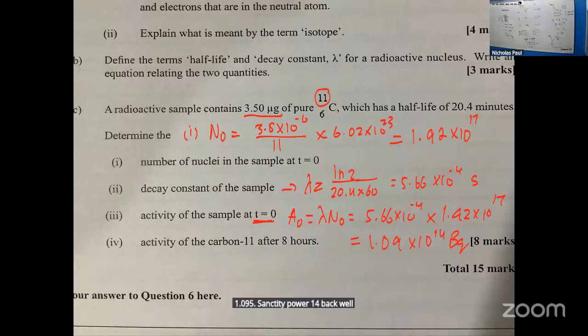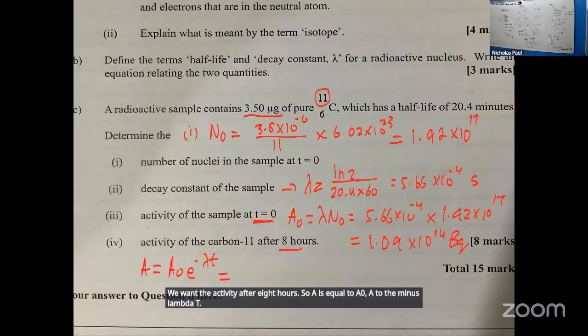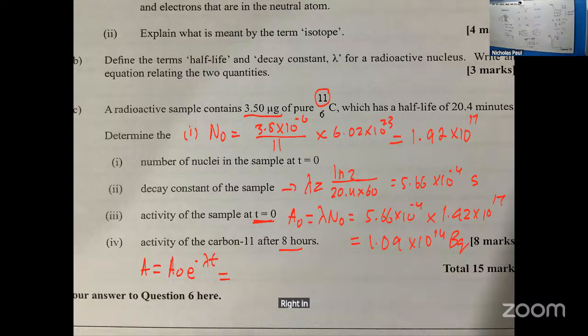Now they want the activity after 8 hours. So A is equal to A naught e to the minus lambda t. A naught we found a little while ago, 1.09 by 10 to the 14.